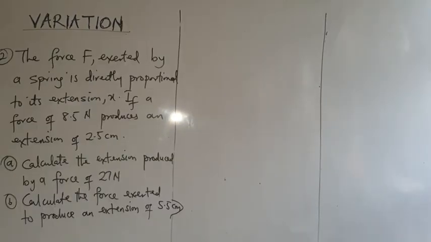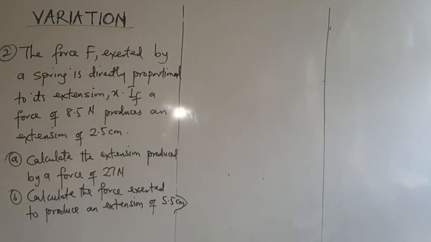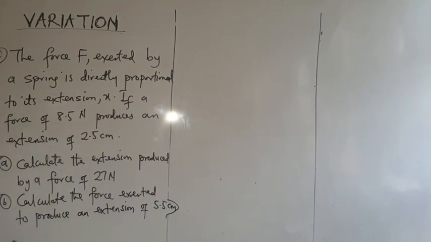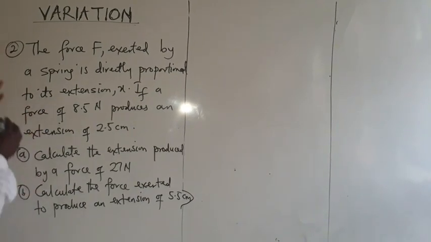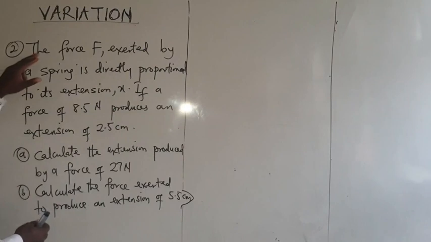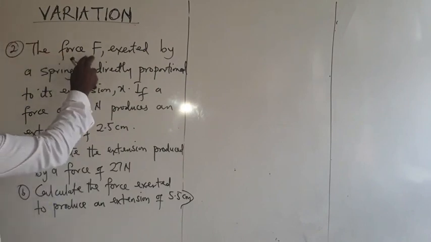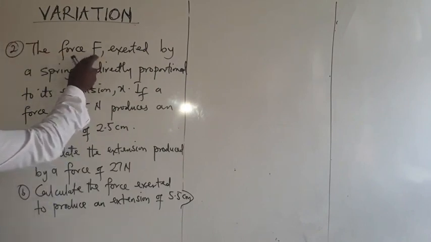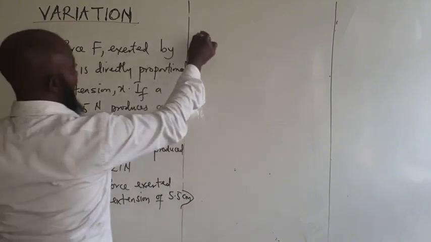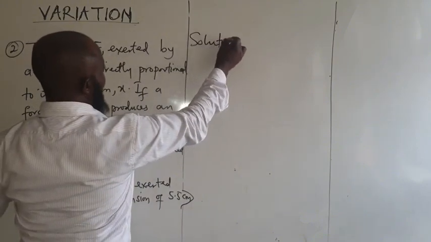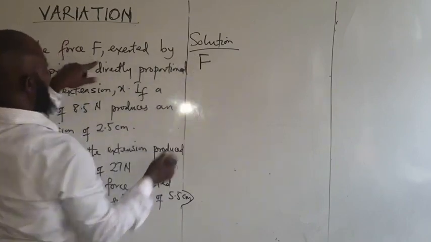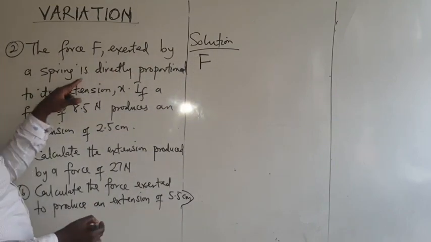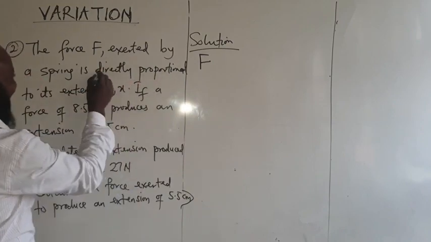Alright, this is the second example. So let's interpret this. This is a bit longer than the first one, but they are almost the same thing. The only difference is we have some words written there. So the first F, that means we are using F, the force, exerted by a spring, is directly proportional.